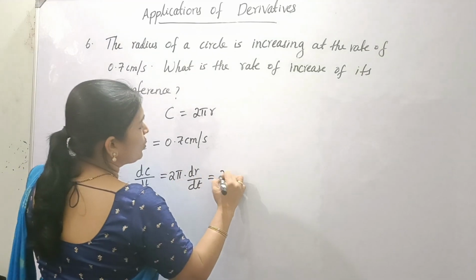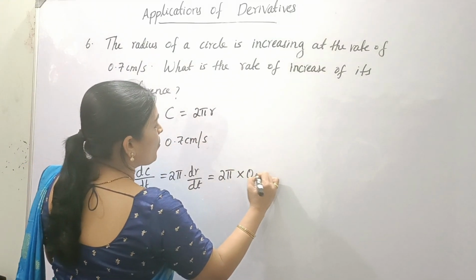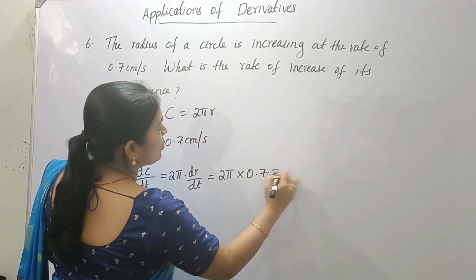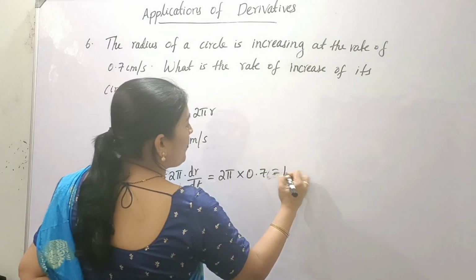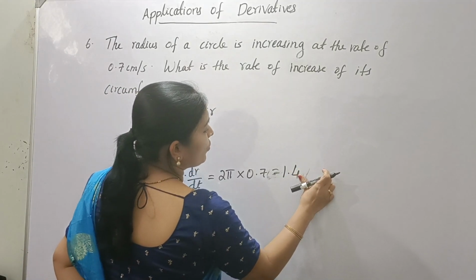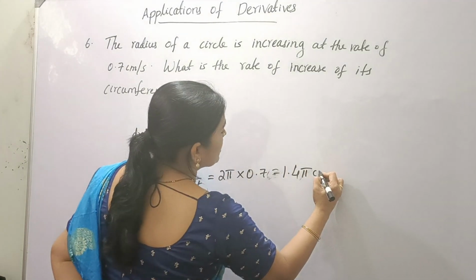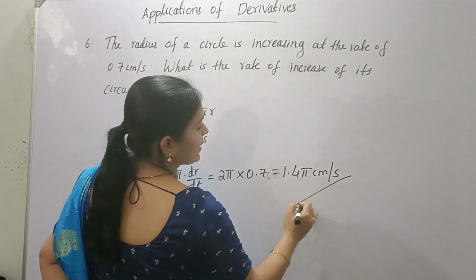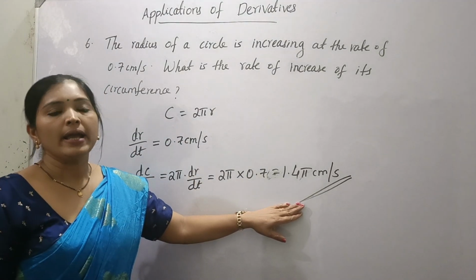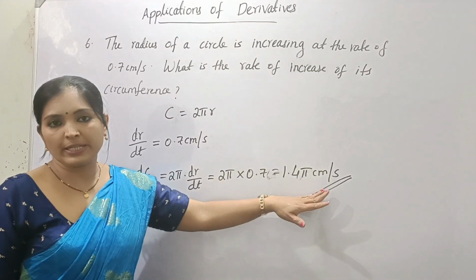That is 2 pi into 0.7 centimeter per second, which is equal to 1.4 pi centimeter per second. So here the circumference is increasing at the rate of 1.4 pi centimeter per second.